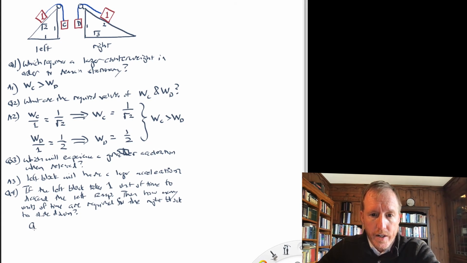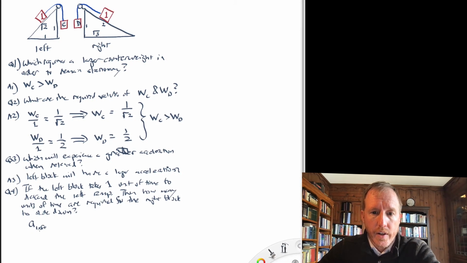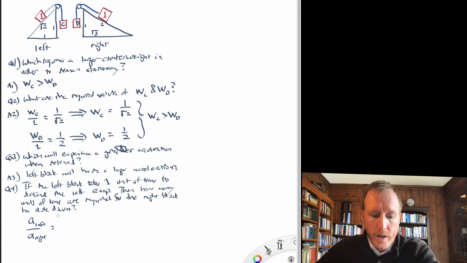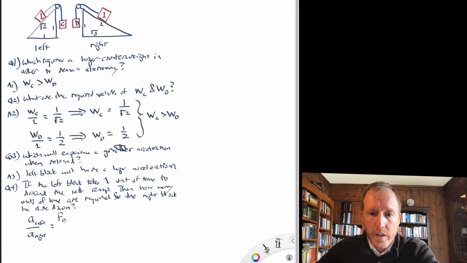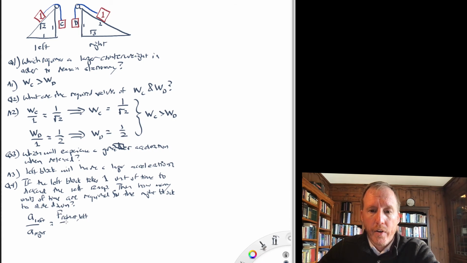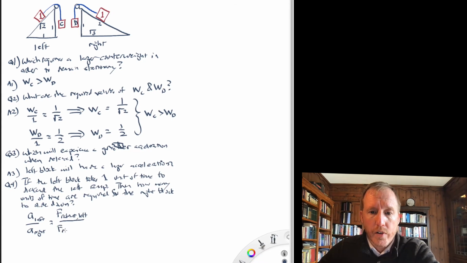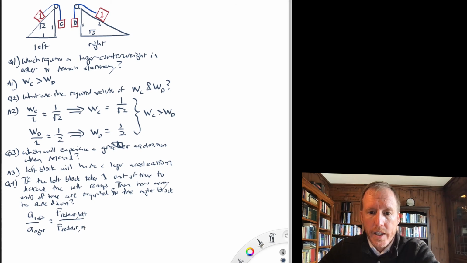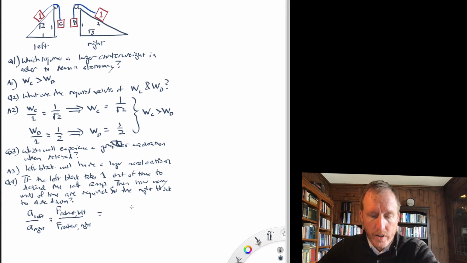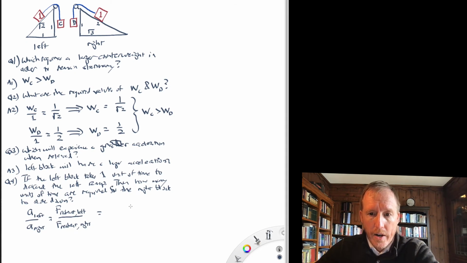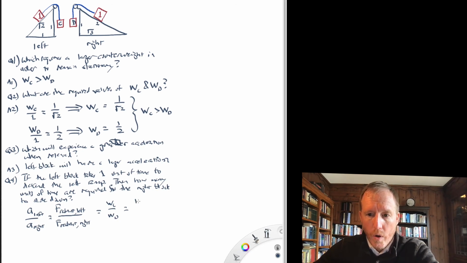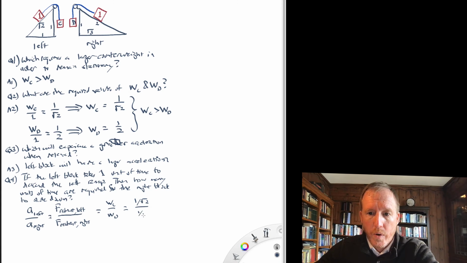That is, the acceleration that the left block feels compared to the acceleration that the right block feels has to have the same ratio as the force of restraint that the left block felt in order to hold it up, compared to the force of restraint that the right block took to hold it up. And we know what the ratio of those forces is. That is just the weight of C compared to the weight of block D, which we know is 1 over root 2 compared to 1/2.